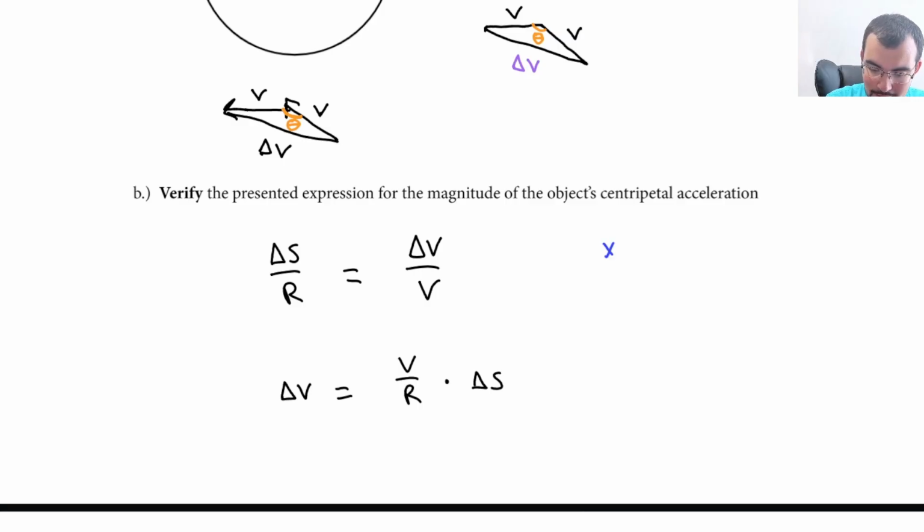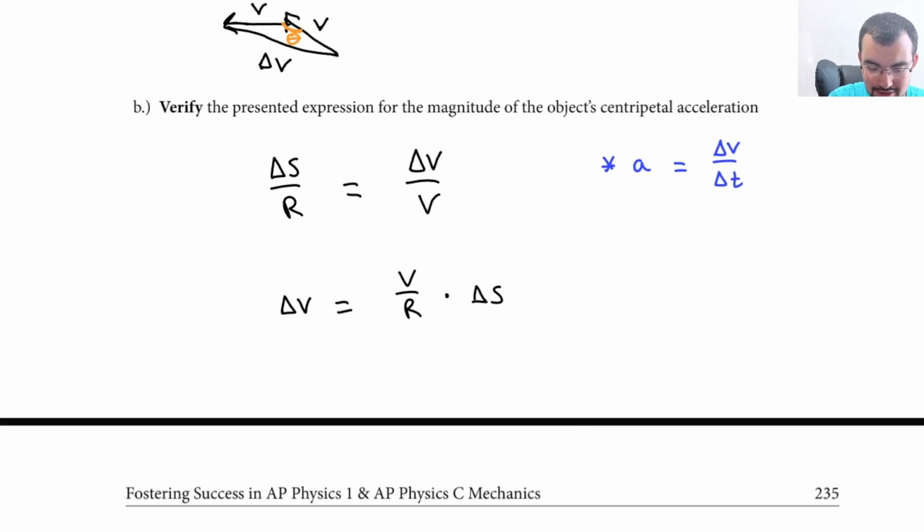Remember, acceleration is equal to delta v over delta t. So let's divide both sides by delta t. Let's put that in a different color so I show that it's something that I did. We get delta v over delta t, which would be the acceleration, magnitude at least.